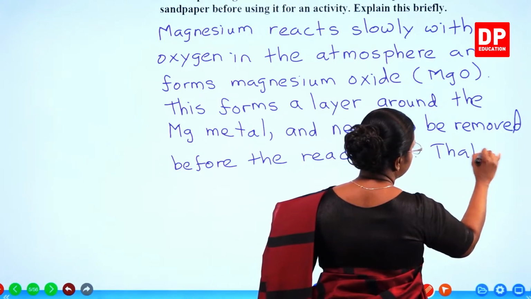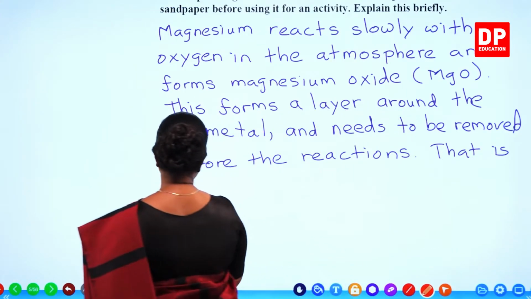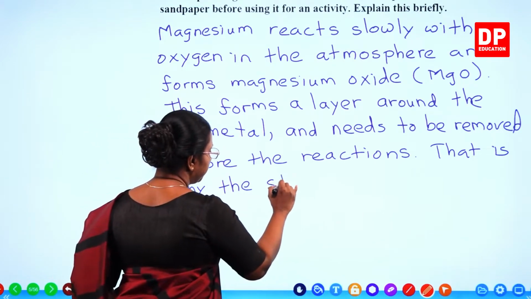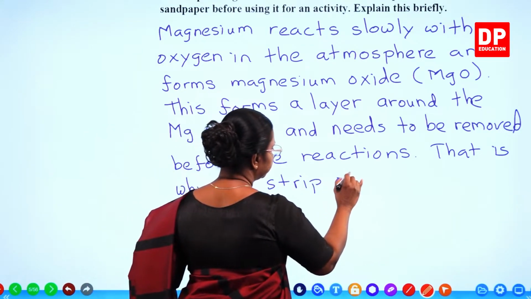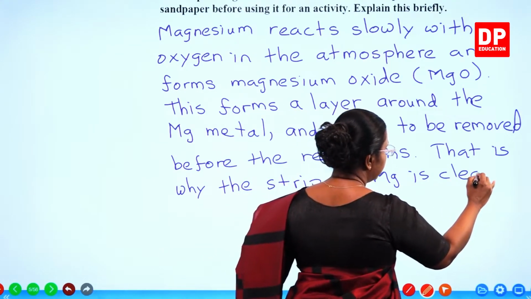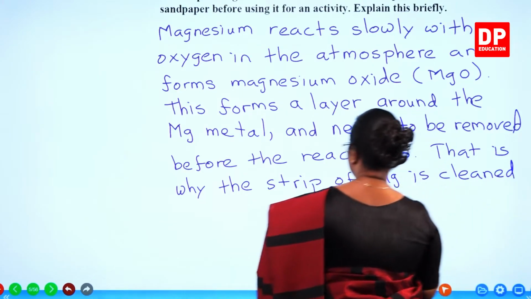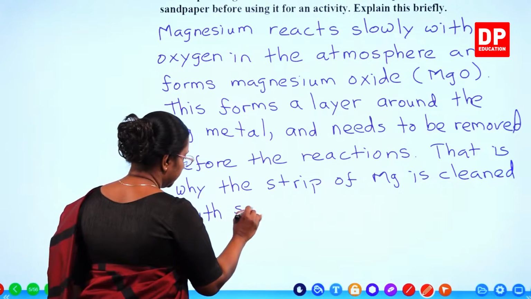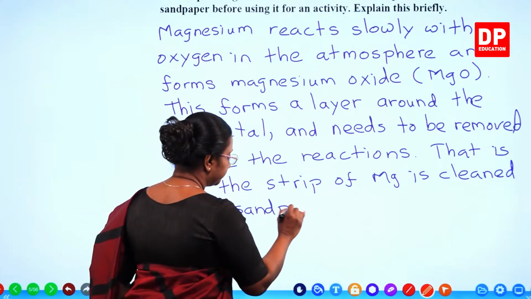That is why the strip of magnesium is cleaned with sandpaper.